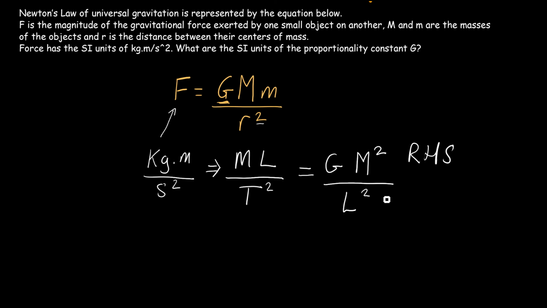So if I put mass squared here, that will cancel out that, put mass squared there. We also want to do the same with the length squared, but this time we need to multiply both sides of the equation by a length squared to cancel out the length here on the right-hand side of the equation.